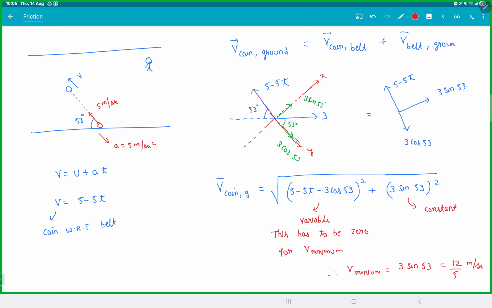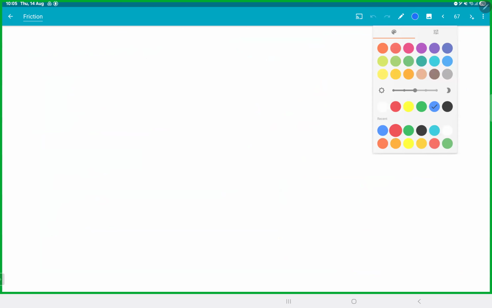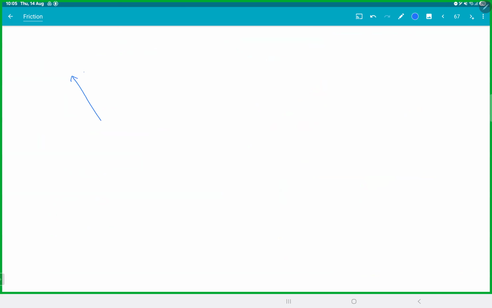Because see, when you are adding a variable quantity which is changing with time and a constant 3, don't split that variable thing, because this is what will happen. See, if I try to do it regularly, 5 minus 5t and 3, this is 53 degrees. Then the resultant will be (5 minus 5t) sin 53, this will be 3, and this will be (5 minus 5t) cos 53.